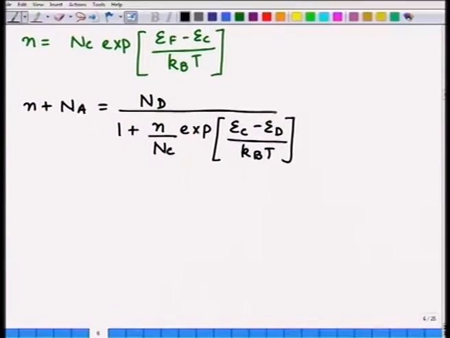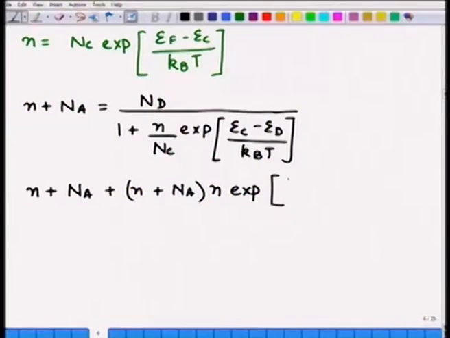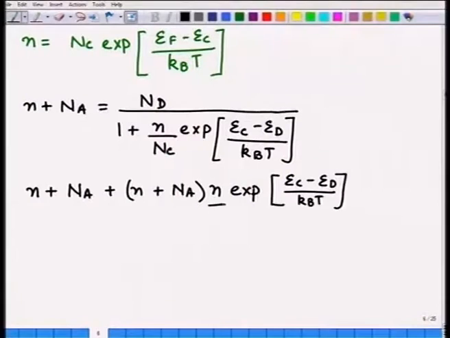So, what we are going to do now is separate these terms. This way we have gotten rid of E_f, at least in this expression, and I am going to write this as (N plus N_a) plus (N plus N_a) times N e to power (E_c minus E_d) by k_B T by N_c equal to N_d.